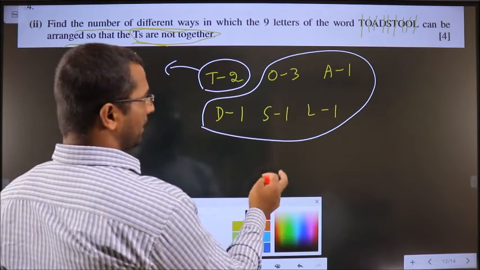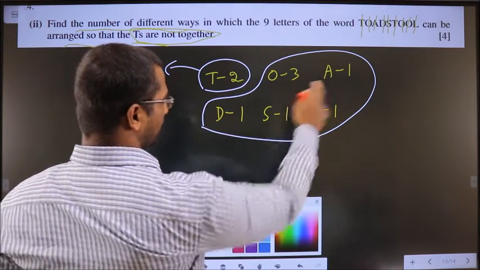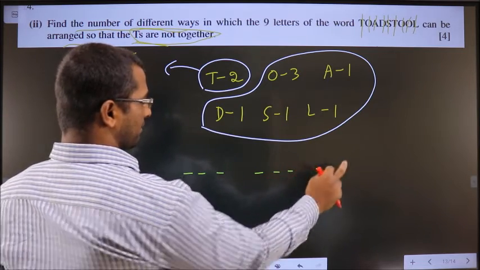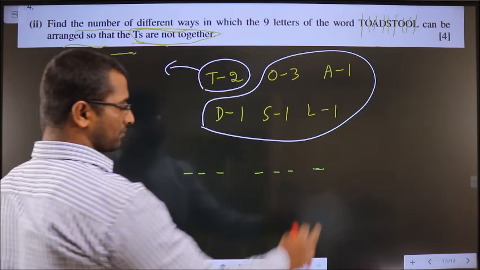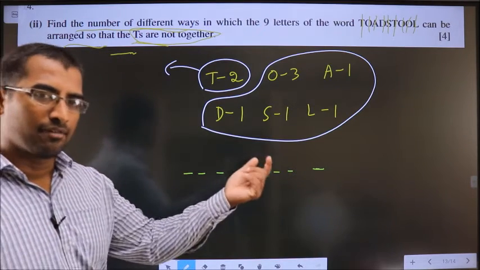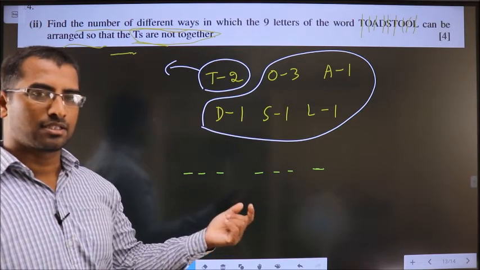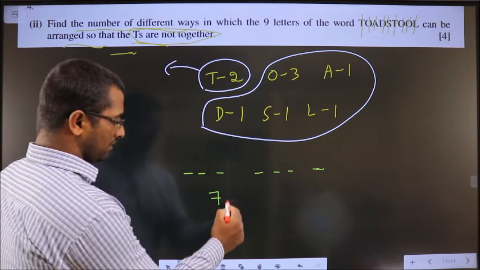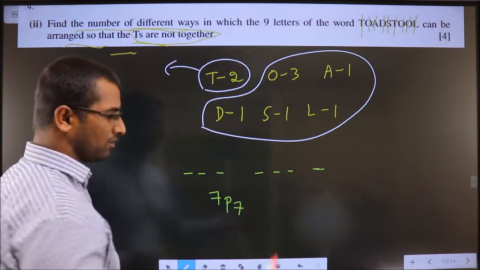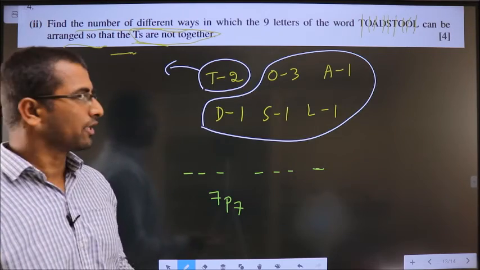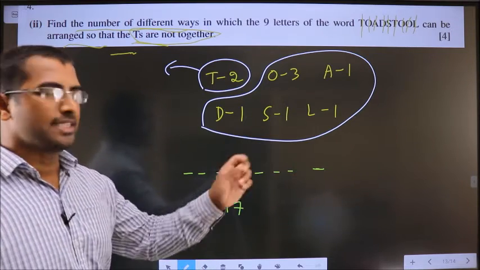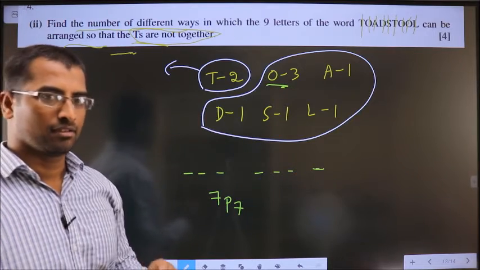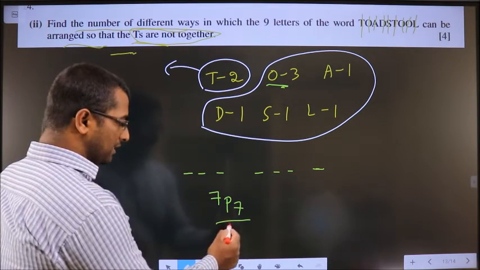So, how many remaining letters do you have? 3, 4, 5, 6, 7. So, put 7 blanks. 7 letters in 7 blanks can be arranged in 7P7 ways. Now, in these 7 letters, the 3 O's are identical. So, divide by 3 factorial.